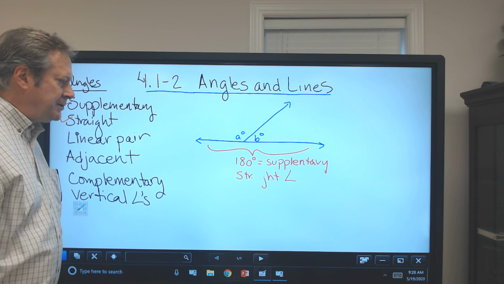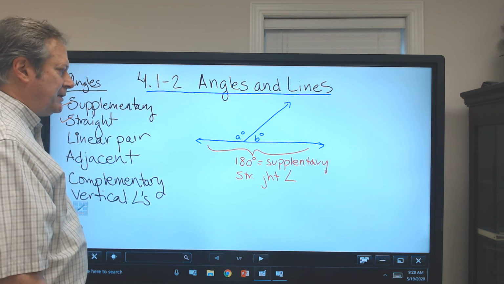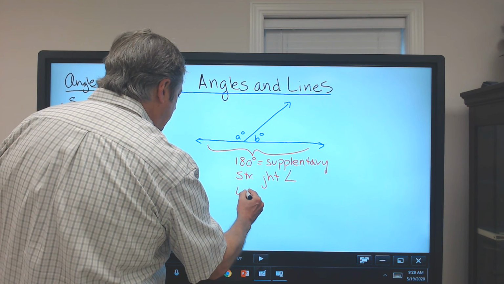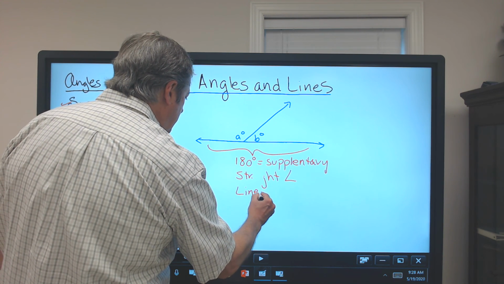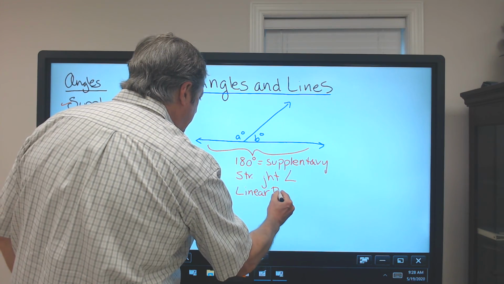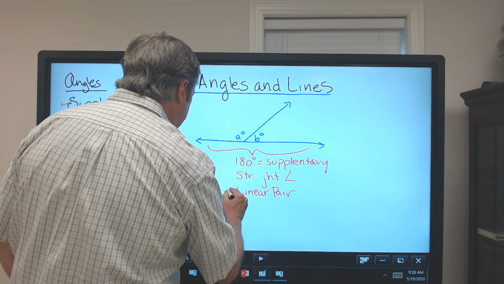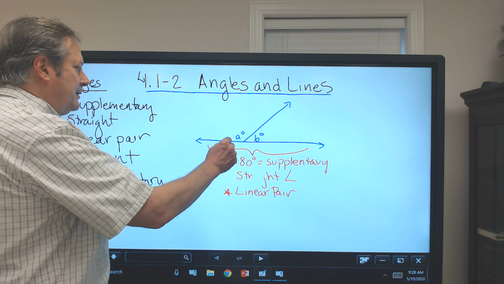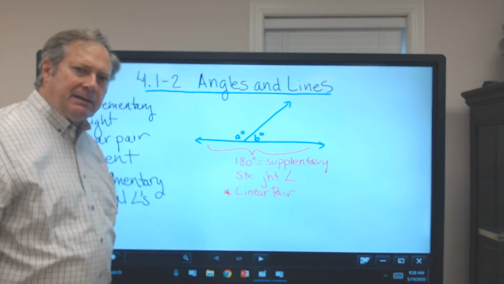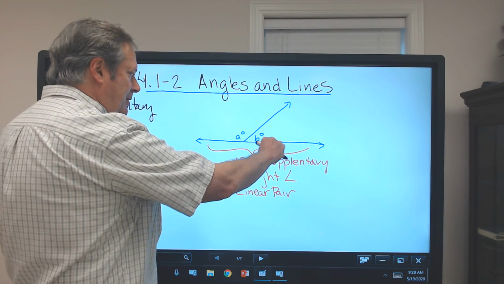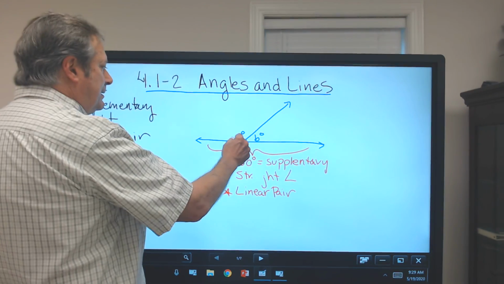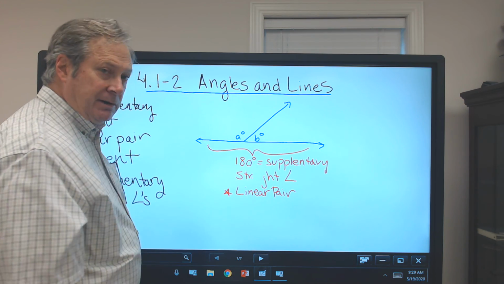There's one other thing, two other things I'd like you to know about this. This is also called a linear pair. Now that's a really important term because we use that a lot in geometry. The fact that they are supplementary, they have to form a straight line, the base is the same, and they're right next to each other.